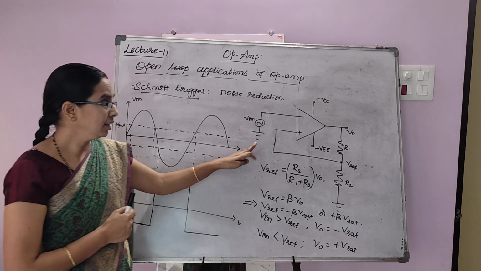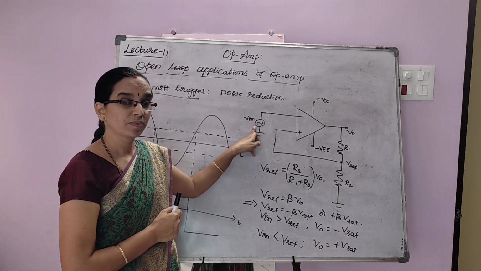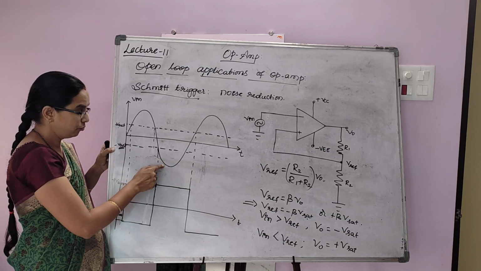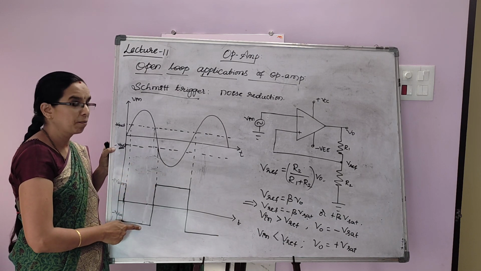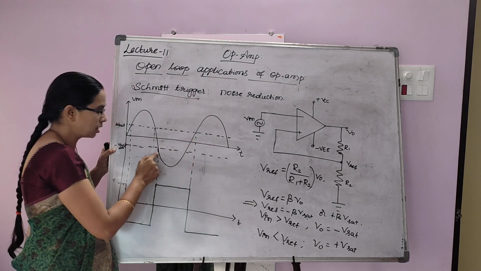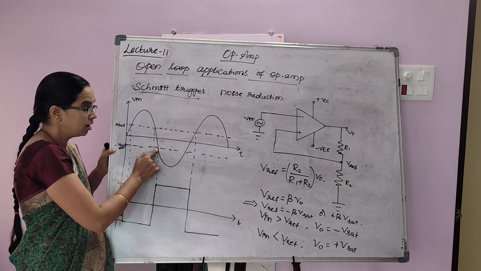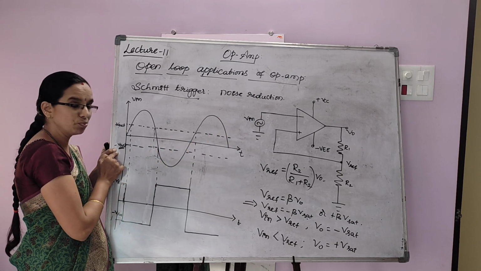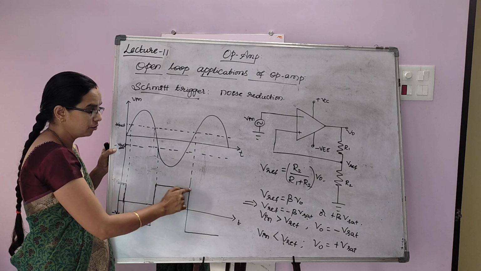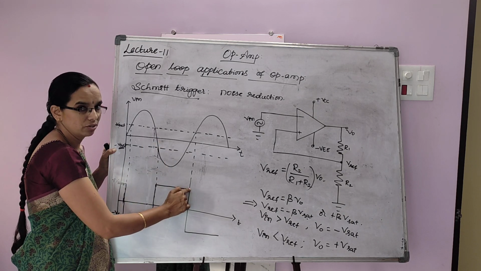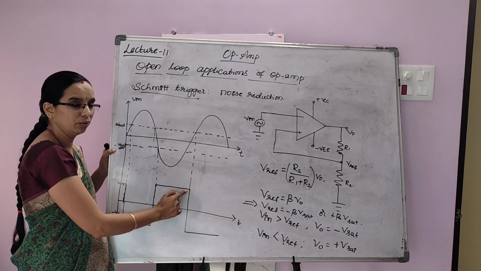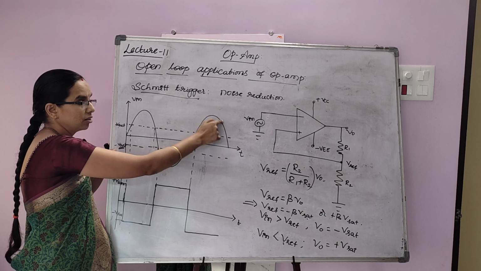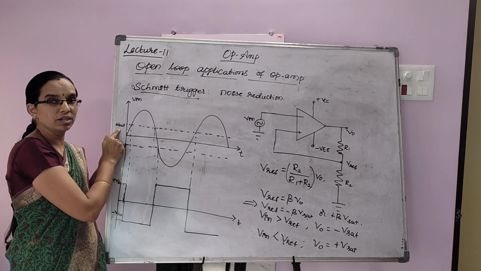So until the input voltage comes down to the minus V reference, it will be in negative saturation only. Continuously it will be comparing. Whenever it sees the input voltage is lesser than the minus V reference, it will go to the plus V saturation. It will be in this state only until the input voltage exceeds the plus V reference.